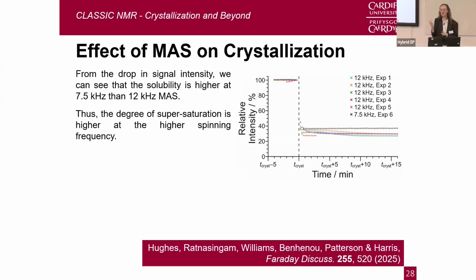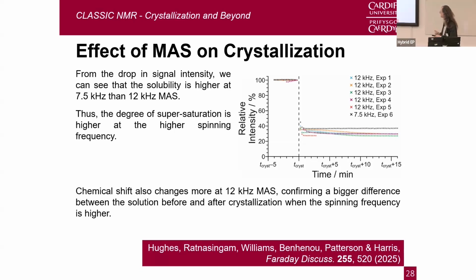In this particular crystallization, once it starts to nucleate, the whole thing goes literally within seconds. So it looks like the degree of supersaturation is higher at the higher spinning speed, and that's what's driving the faster crystallization. The chemical shifts also change by a greater degree at 12 kilohertz.